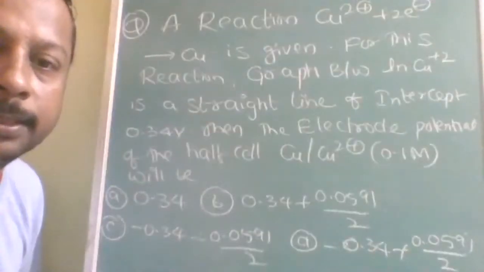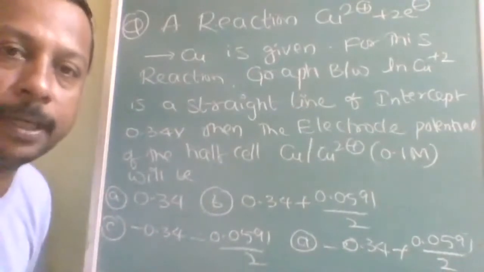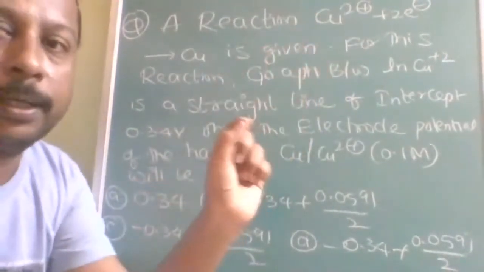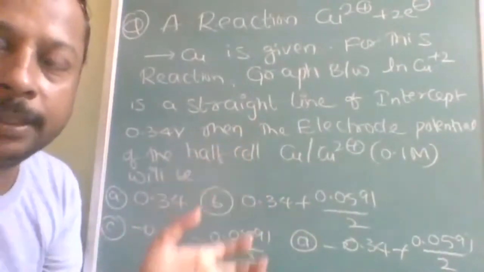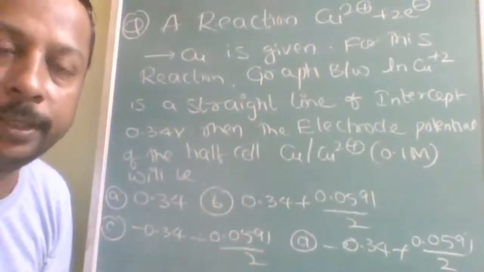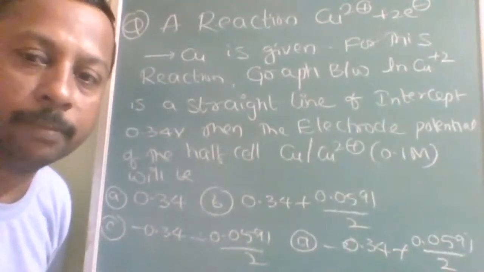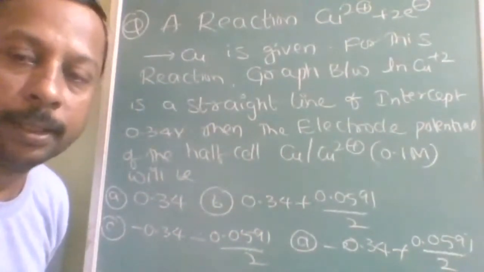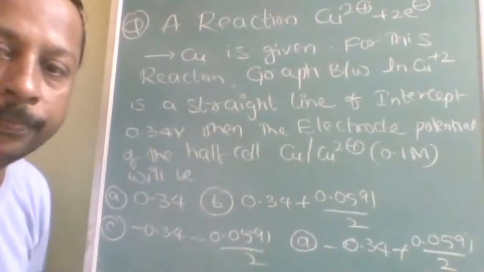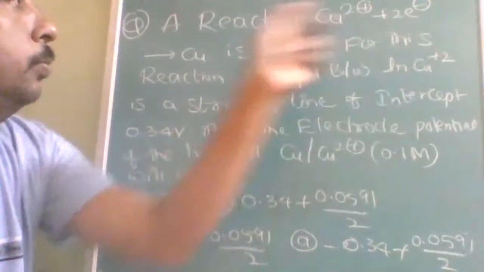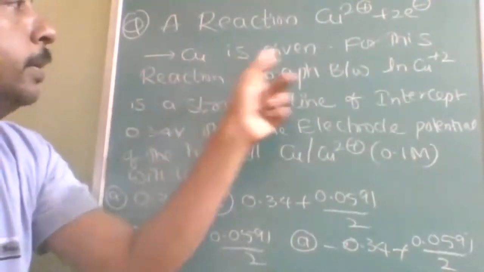Okay, students, this is a wonderful question from the BITSAT. Reaction between Cu2 plus. See, so many traps are there, and the options are also so confusing, so near. Every option says that I am the only correct one, but you should select the correct answer. Understood? So the reaction of Cu2 plus plus 2 electrons gives copper is given.